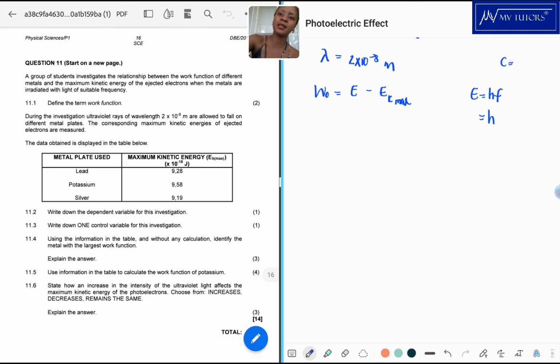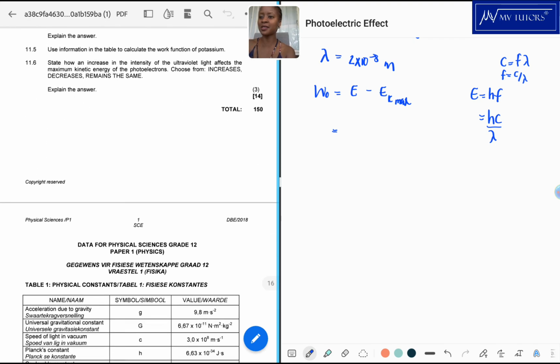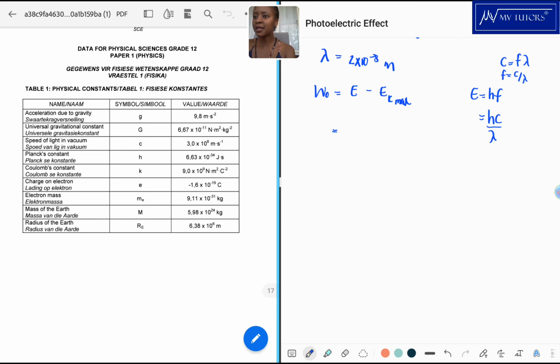Remember c is equal to the frequency times the wavelength. So if you want frequency, you get c over the wavelength. So frequency is c over the wavelength. Now I need to get the constants, guys. h, I already forgot it, 6,63, something like that, yes.